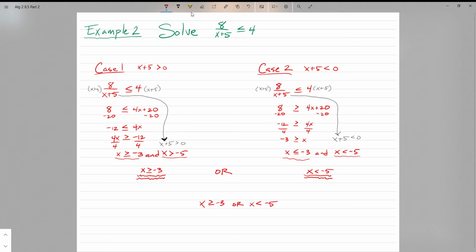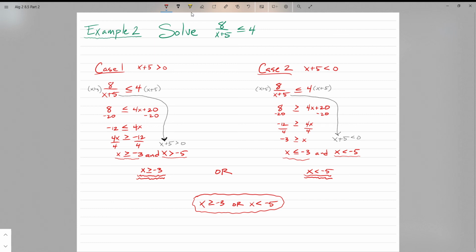And if you were to graph this on a calculator or Desmos, you would see that the graph corresponds to this. And you could certainly write it in interval notation if you wanted to.